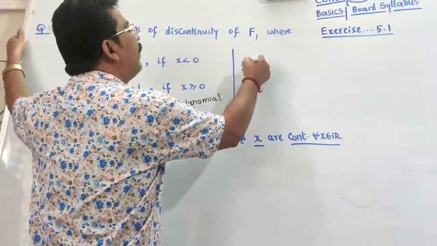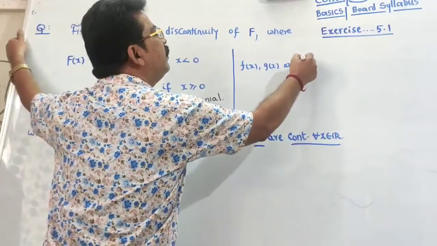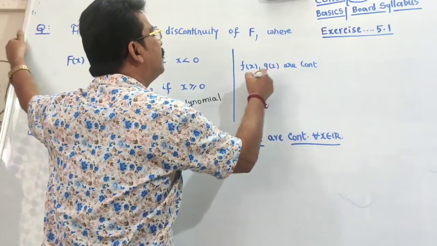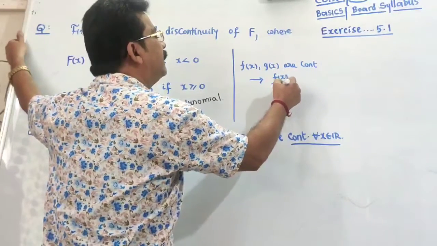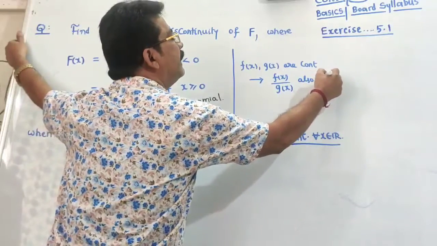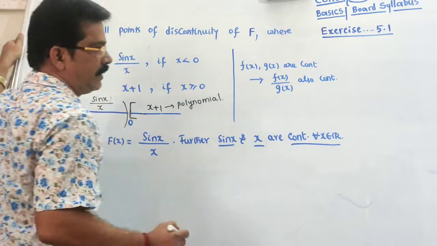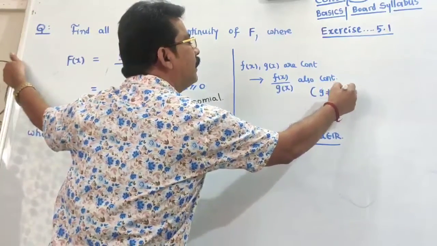If f of x, g of x are continuous functions, then f of x divided by g of x also is a continuous function, whereas g of x is not equal to 0.